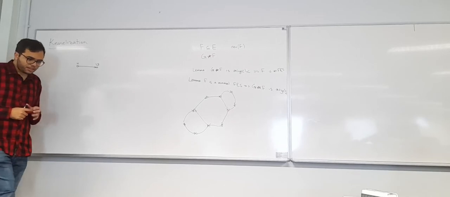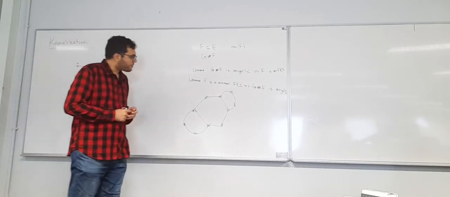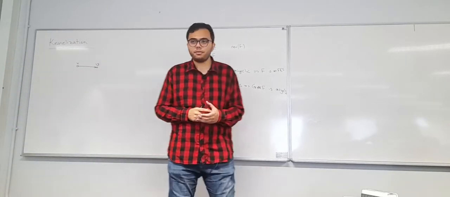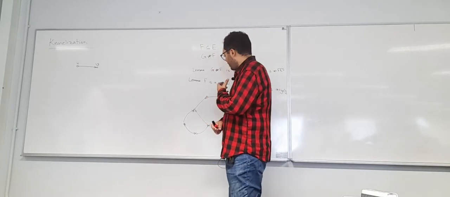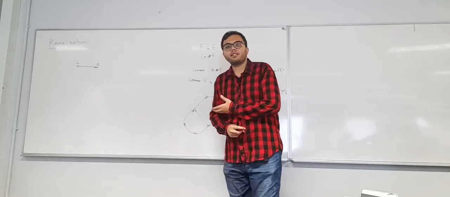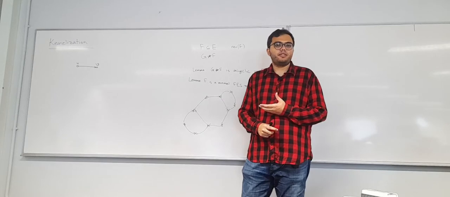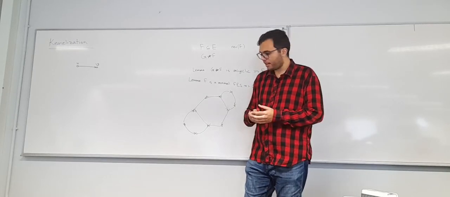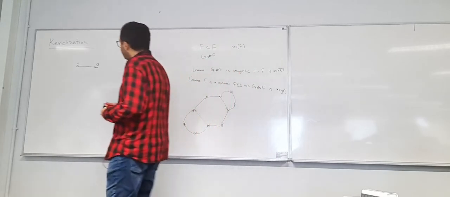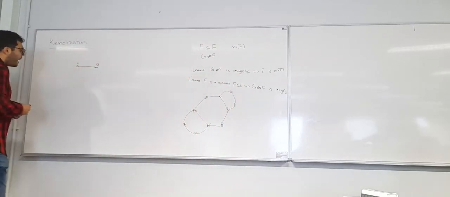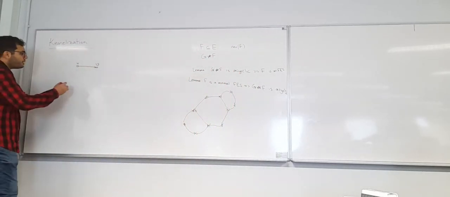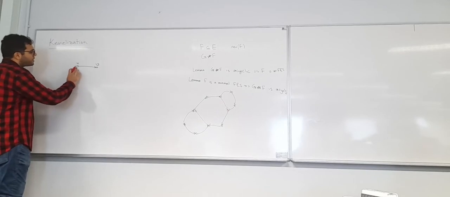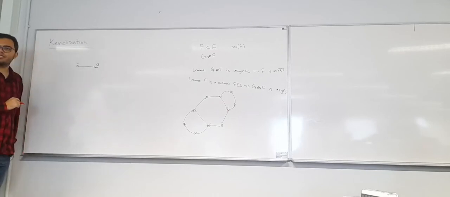Okay, so one thing I want you to remember is that we proved last time that if a tournament has a cycle, it definitely has a triangle. So we can just talk about triangles. Okay, so let's take this U and V, and let's take all the triangles that contain this edge.